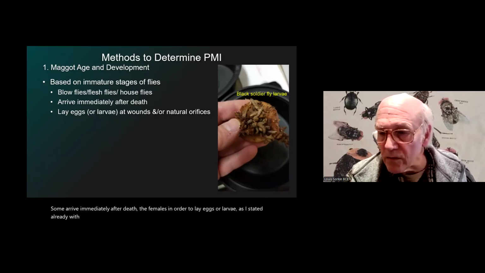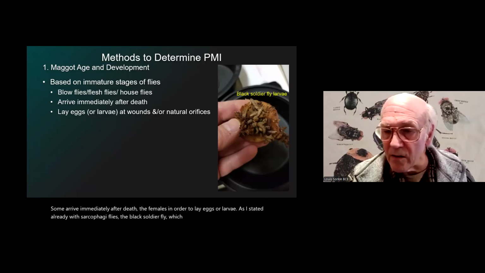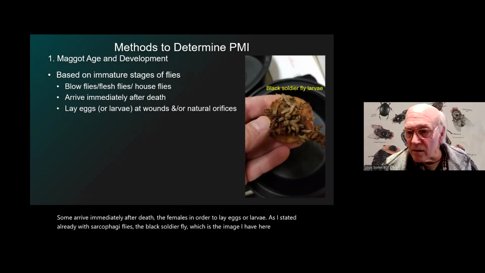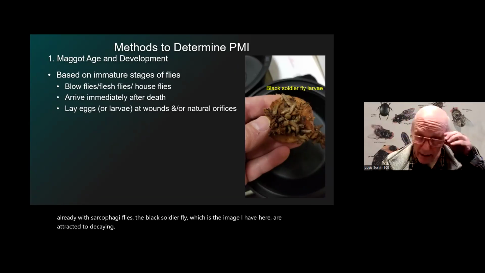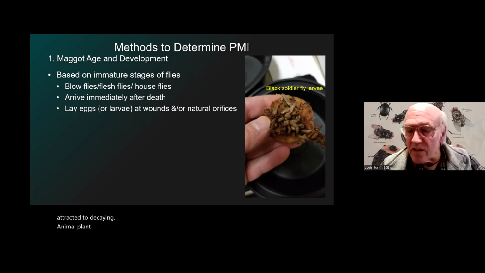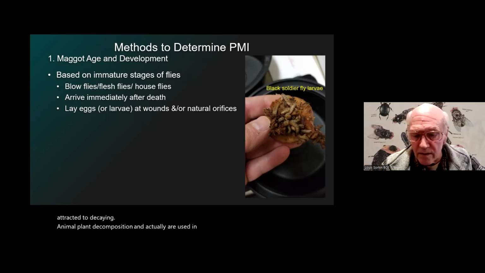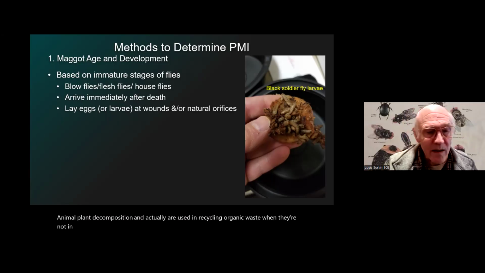The black soldier fly, which is the image I have here, is attracted to decaying animal and plant decomposition and actually is used in recycling organic waste when they're not in homicide investigations, let's say.